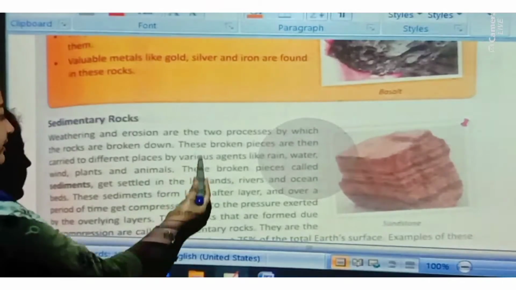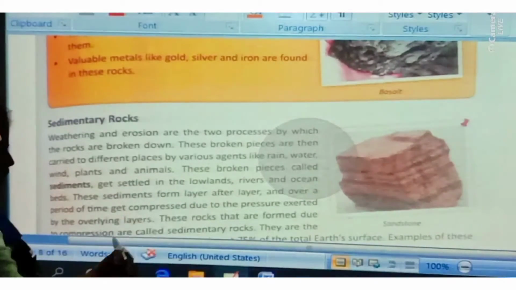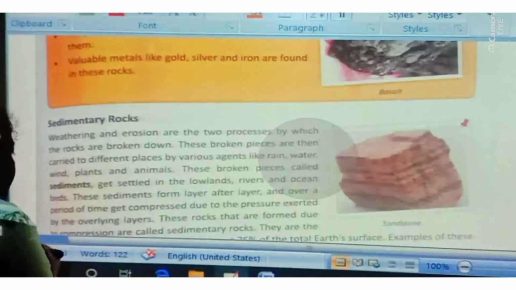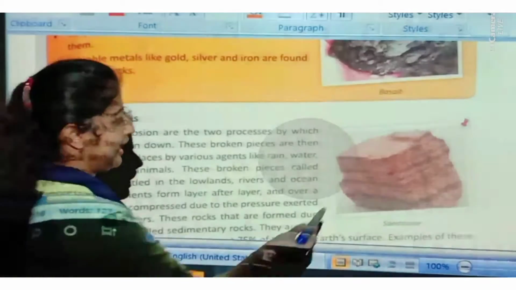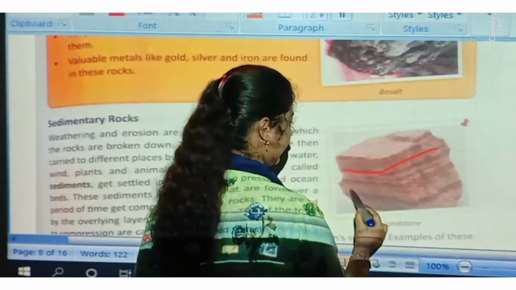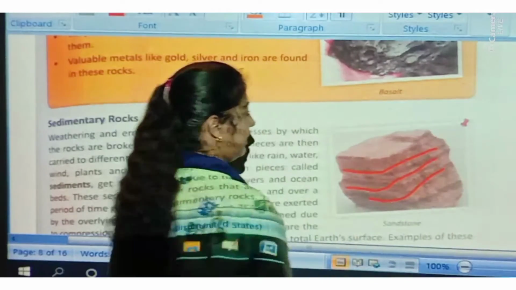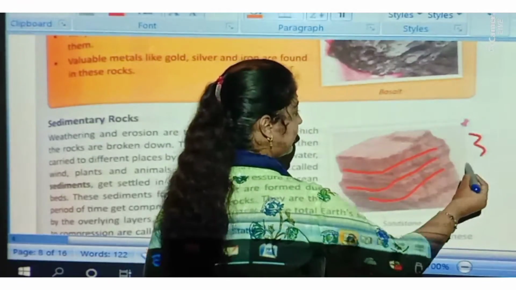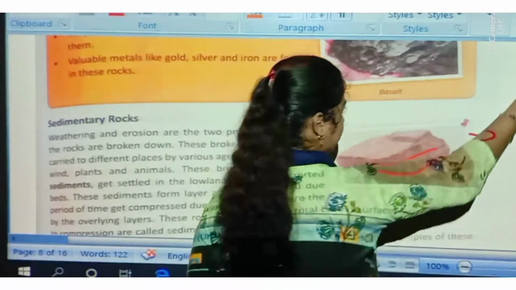So for this cause, the compression due to the pressure exerted by the overlying layers created layers like this. You can see the overlying layers, layer 1, 2, 3, right? Three layers are created here.